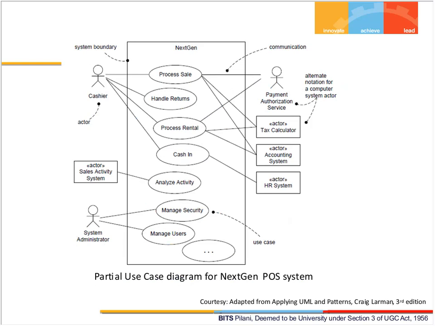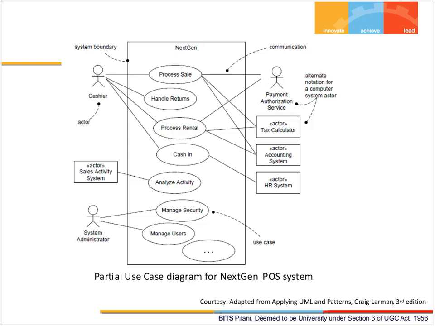What is this next gen point of sale system, right? So I'll explain this first. If you would have gone through your textbook, which is Applying UML and Patterns, in the first chapter the textbook talks about this particular case study, right? It is a next generation point of sale system.